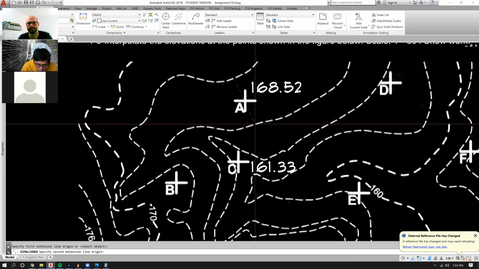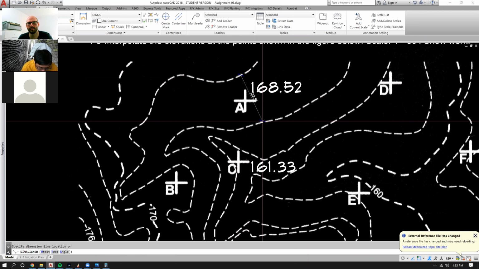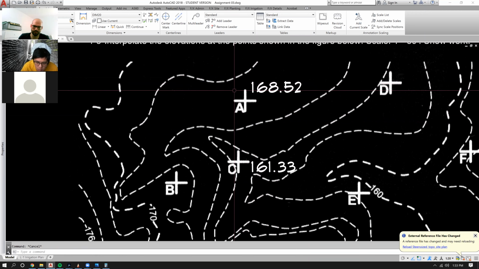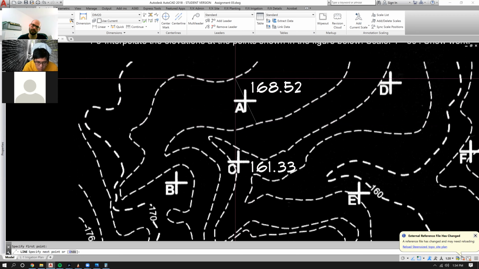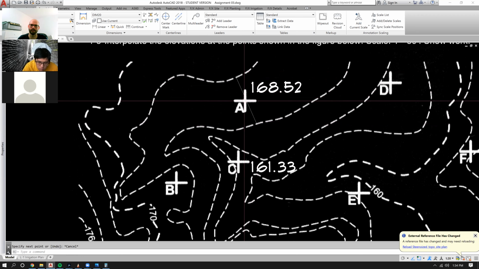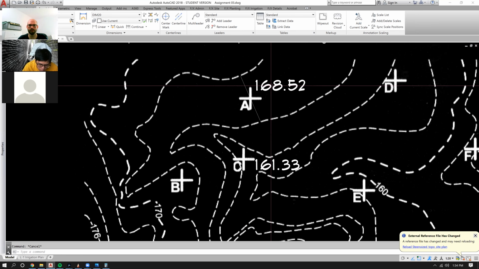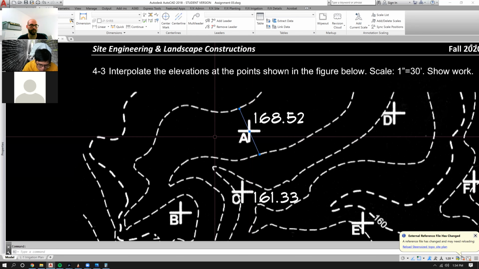What I'm trying to do is create a line that is perpendicular, that meets these contours at a right angle and also goes through the point that we're trying to figure out the elevation of. So that looks pretty good. Maybe it's a little off. No, that's wrong. Close enough. Okay, we're going to call it perpendicular. And what we're going to be doing is we need to know the length of that line.